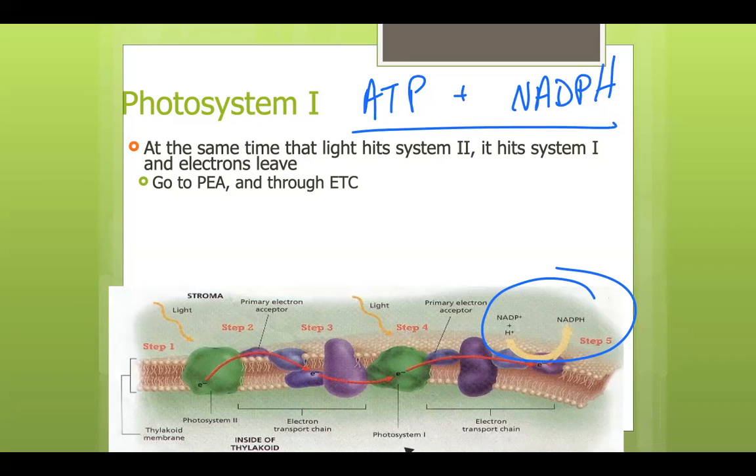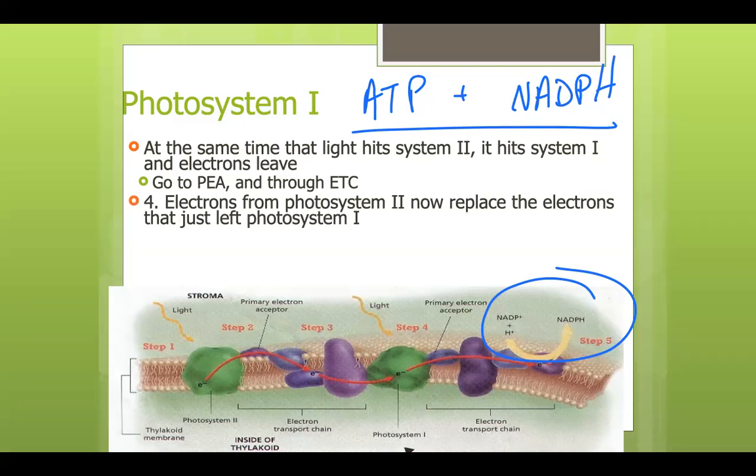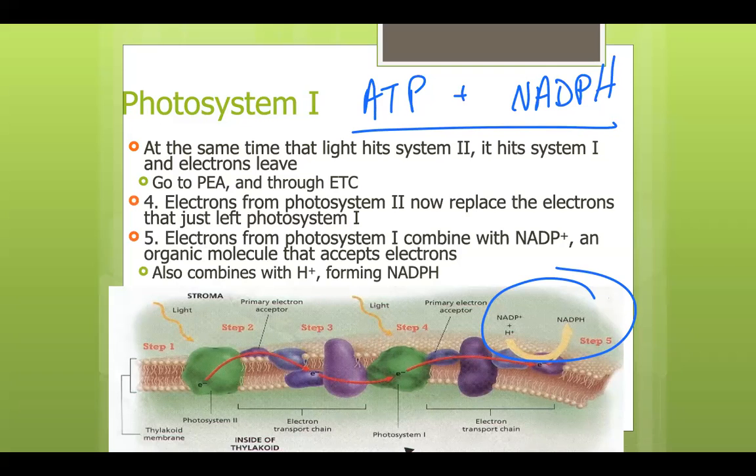So the light energy gets transferred to the electrons, and the electrons are going to have that extra energy. They're going to move through these proteins, and eventually the electrons at the end of photosystem 1 are going to combine. Now this is inside the thylakoid.